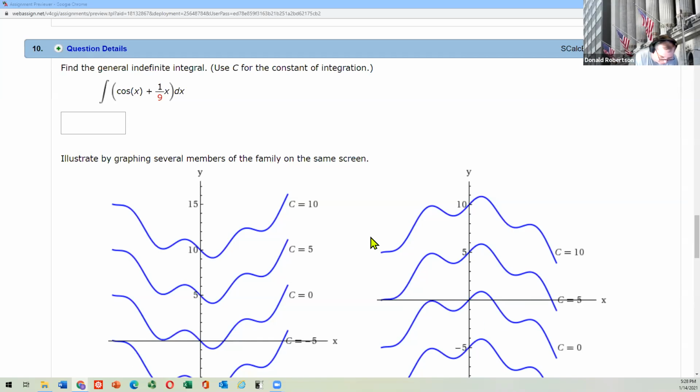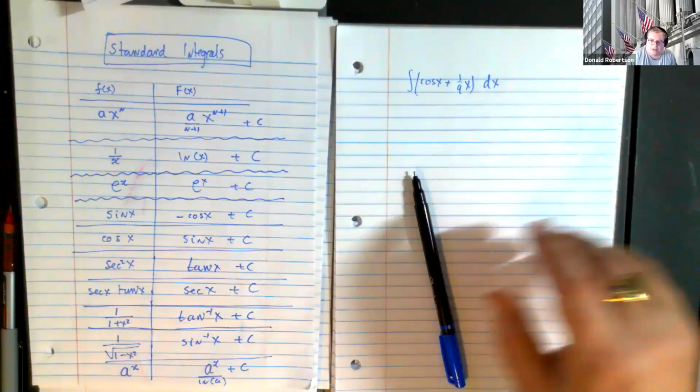Okay. So the first part is pretty much straightforward. We're being asked to find the antiderivative of cosine x plus 1/9 x. So I'll return and do that bit first. Okay.